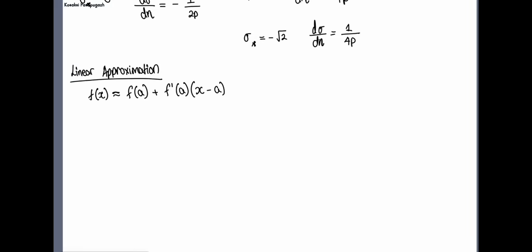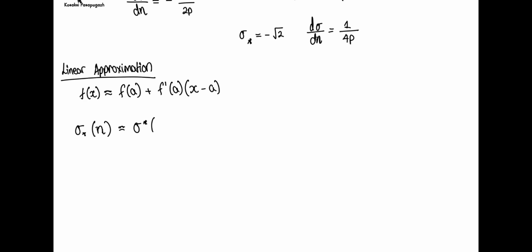If we now write it as sigma as a function of eta, we have sigma of eta is approximately sigma of a plus d sigma over d eta, given that eta is equal to a, times eta minus a.